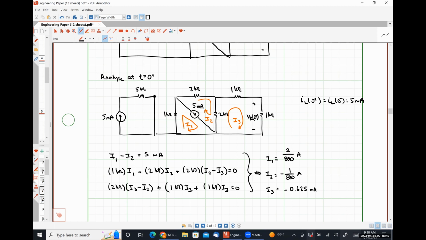Anybody else get these results using their system solvers on their calculators? Always a chance I made a mistake. So. Yay, nay, good, all right.